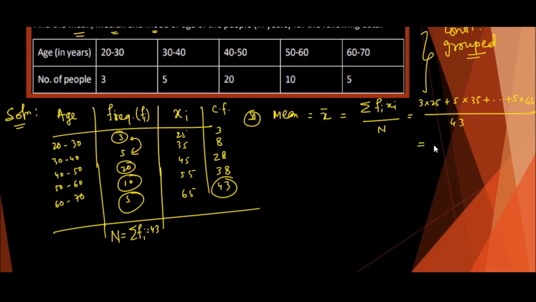So in that case you will get 2025 divided by 43. So what is the answer?